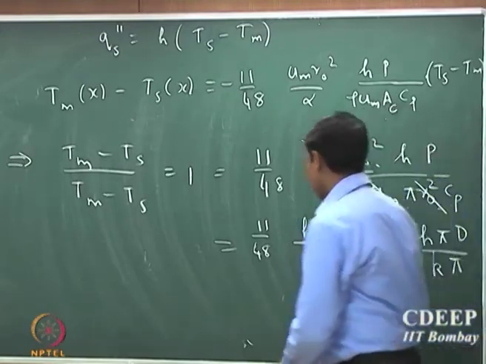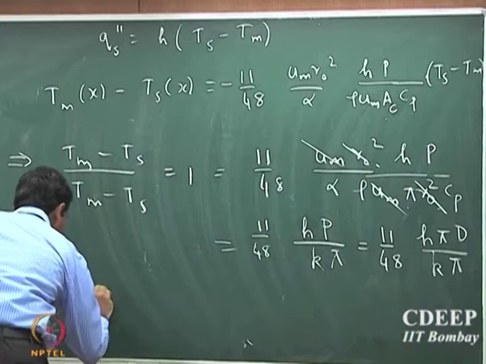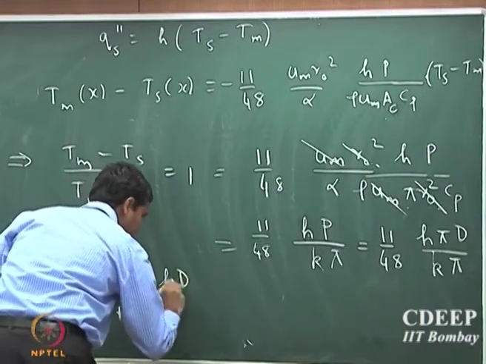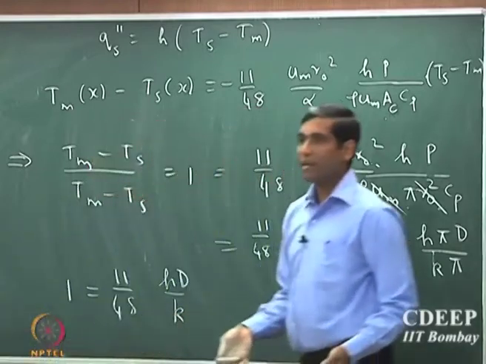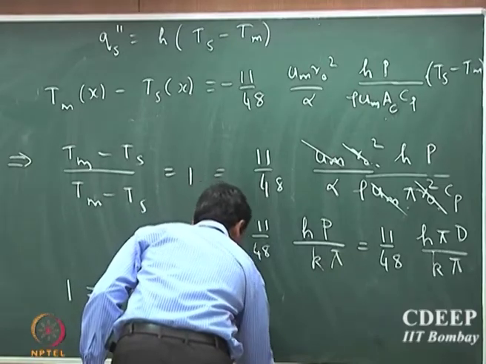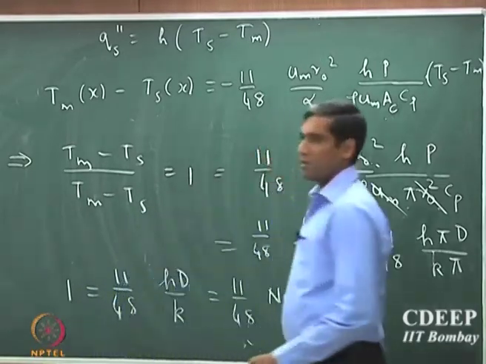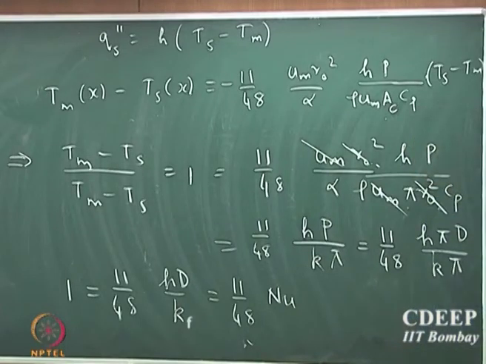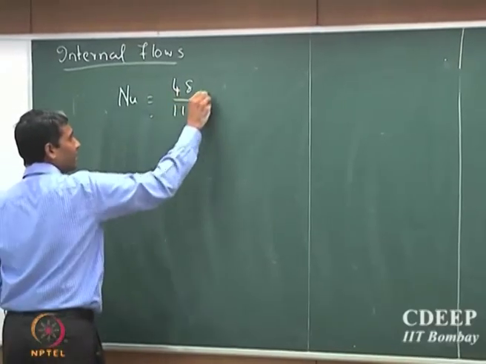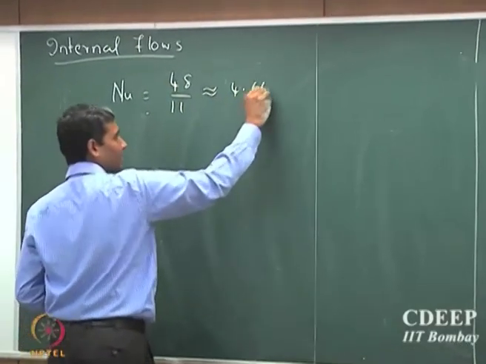So now from here we will see that 1 equals 11 by 48 into hD by k. What is hD by k? It is the Nusselt number, right. So that will be 11 by 48 into Nusselt number, okay. So from here we find that Nusselt number is 48 by 11, which is approximately 4.66.